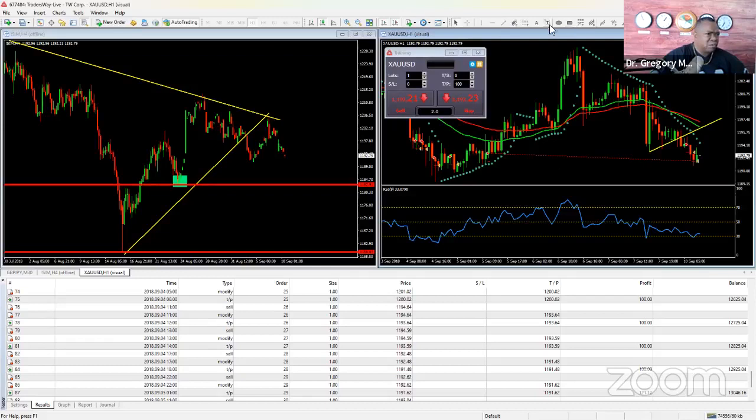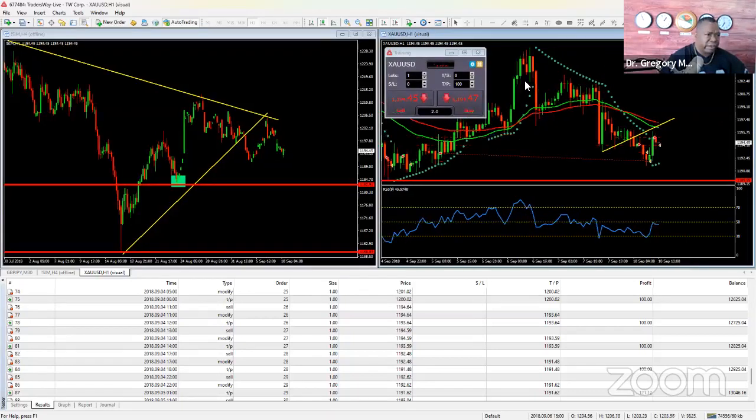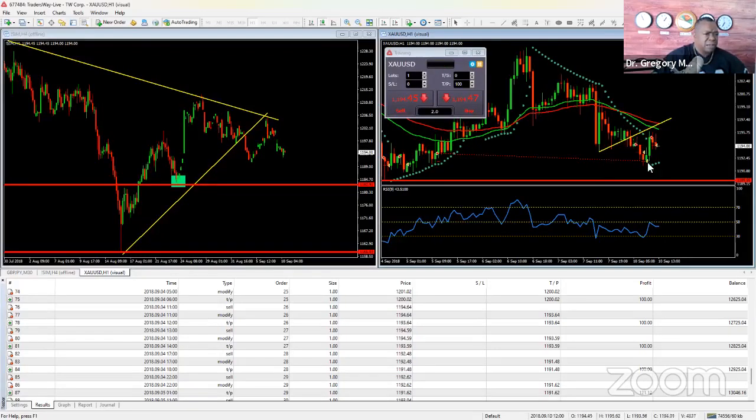We have some old support coming in at about the 1189 area, and we could probably hit that for a short. You could probably hit it for more than one, or actually make our take profit a bit bigger.